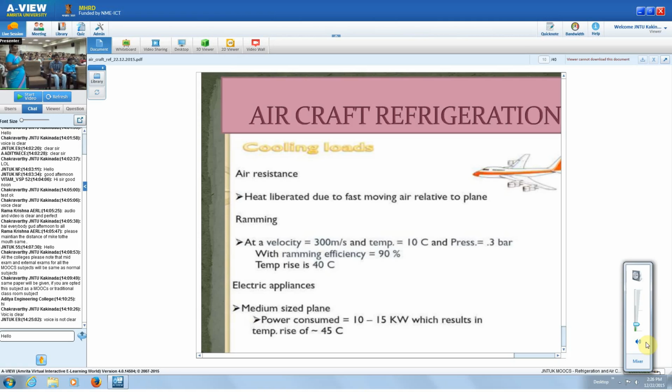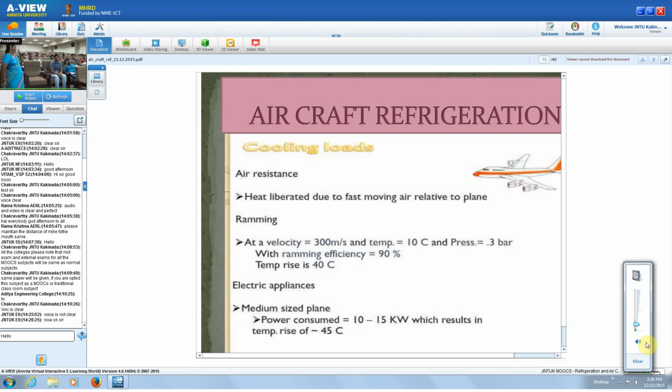In that case, the temperature rise will be around 40 degrees centigrade. So even though the vehicle is moving at low pressure and low temperature, the temperature will be raised by 40 degrees centigrade. So the temperature should be reduced and the pressure should be increased.